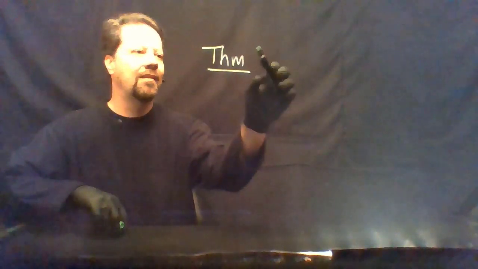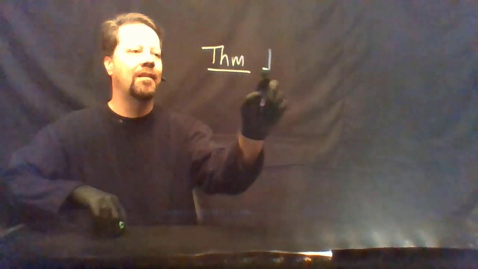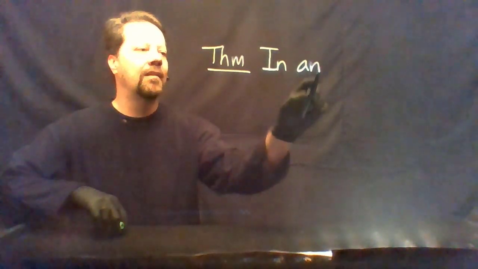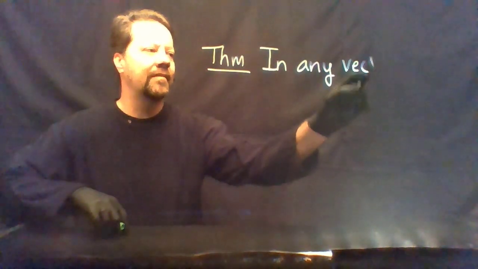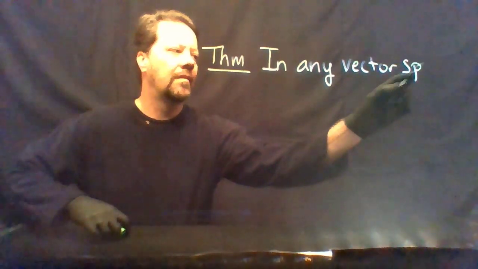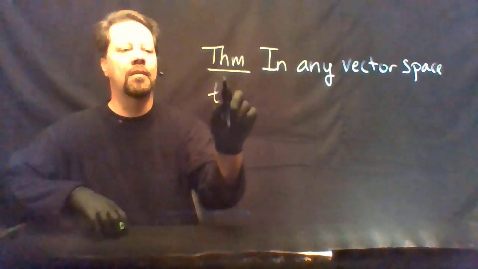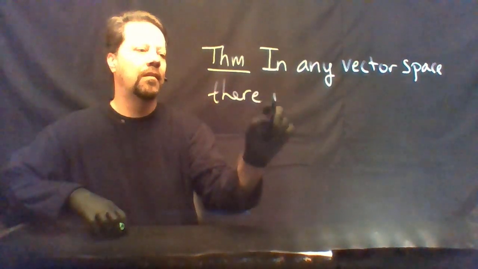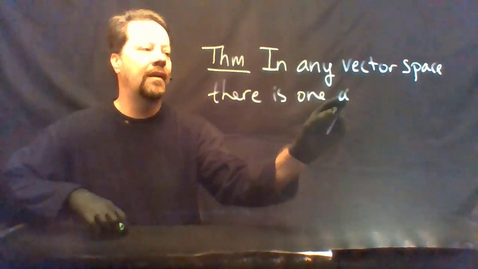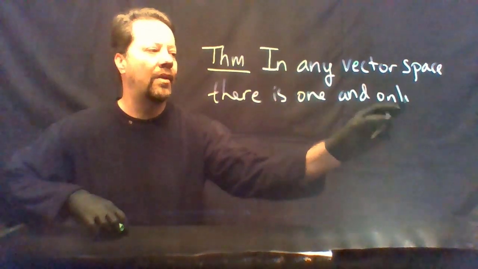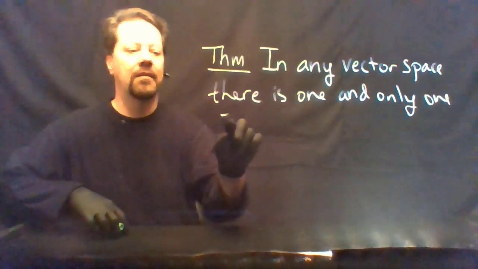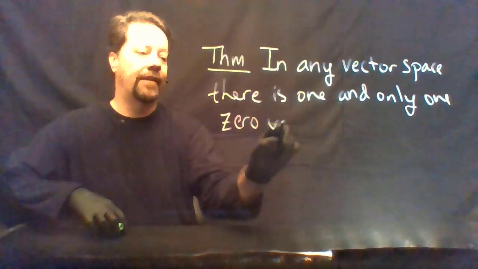Before moving on, I would like to address a few issues that apply to vector spaces in general. First, in any vector space, there is one and only one zero vector.